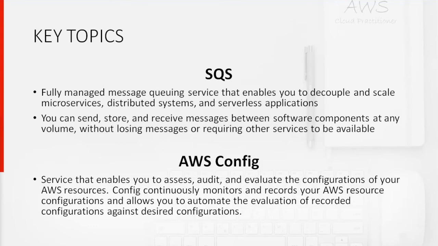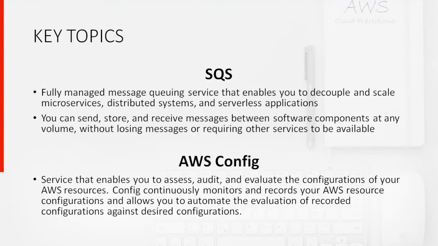Key topics. SQS. Fully managed message queuing service that enables you to decouple and scale microservices, distributed systems, and serverless applications. You can send, store, and receive messages between software components at any volume without losing messages or requiring other services to be available.